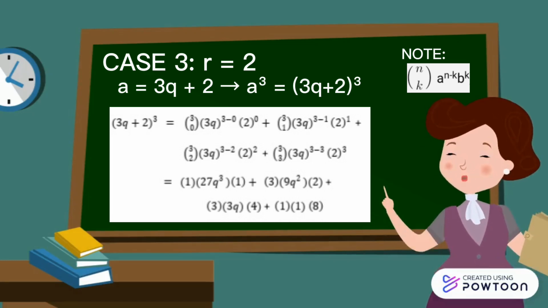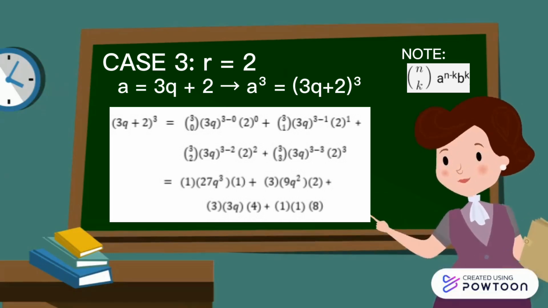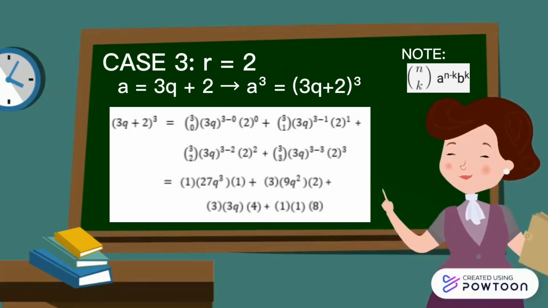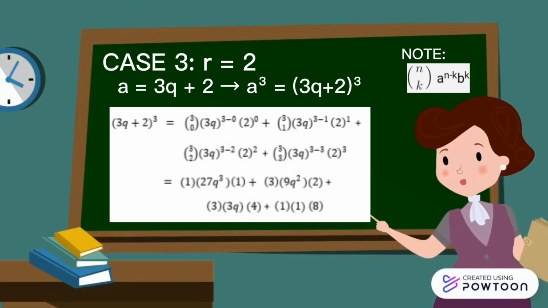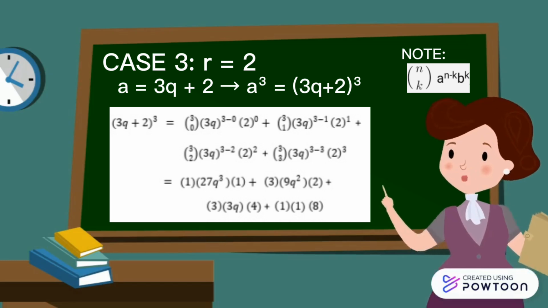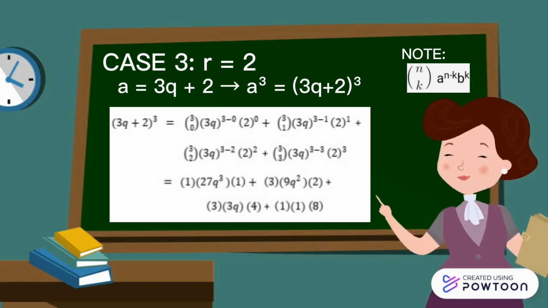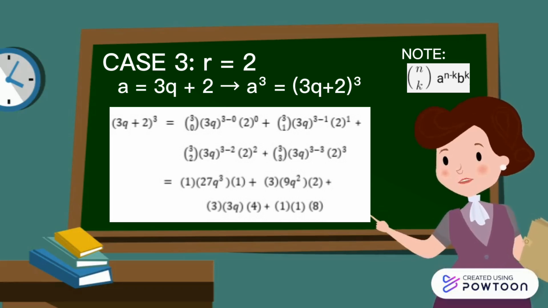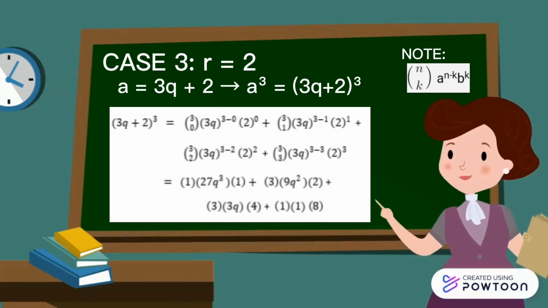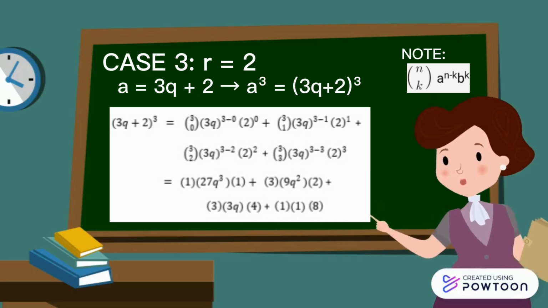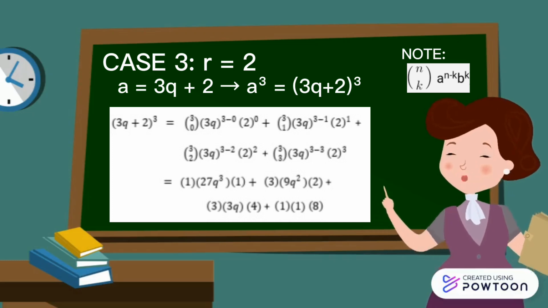A cubed is equal to 3 taken 0 times the quantity of 3q raised to 3 times 2 raised to 0, plus 3 taken 1 times the quantity of 3q raised to 2 times the quantity of 2 raised to 1, plus 3 taken 2 times the quantity of 3q raised to 1 times the quantity of 2 raised to 2, plus 3 taken 3 times the quantity of 3q raised to 0 times 2 raised to 3.